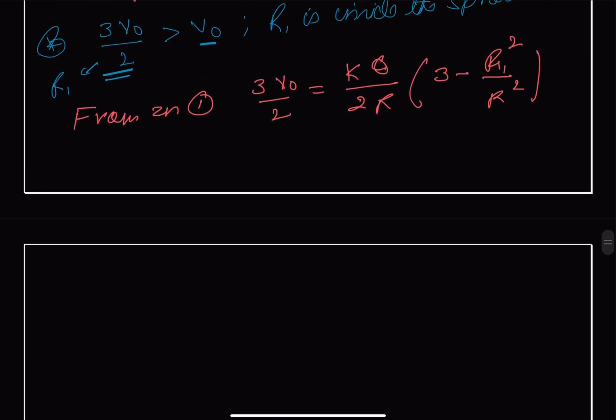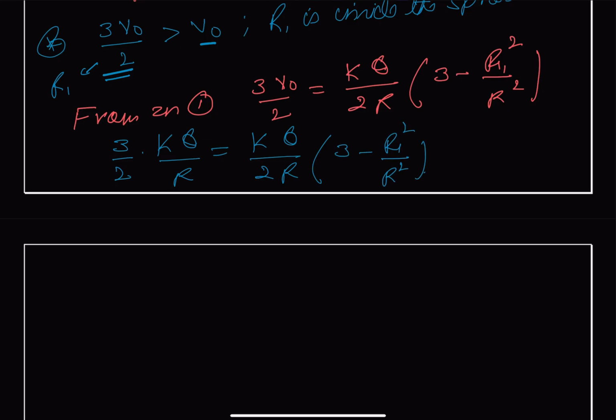And we can easily substitute the value of our V naught. So this comes as 3 by 2 V naught, which is kq upon R, is equal to kq upon 2R, and this comes as 3 minus R1 whole square upon R square.